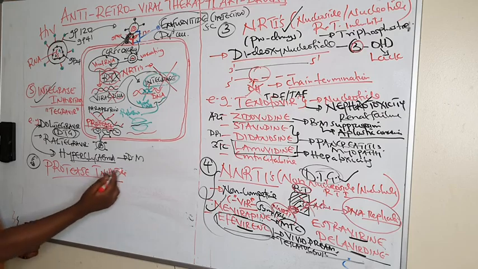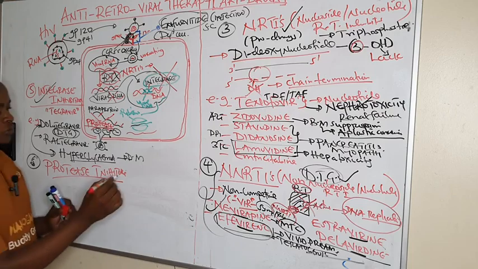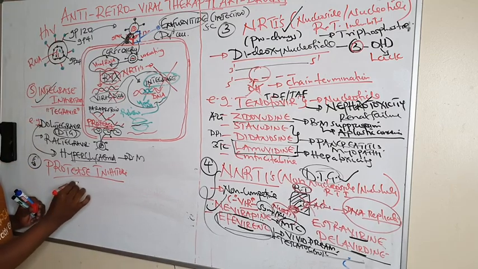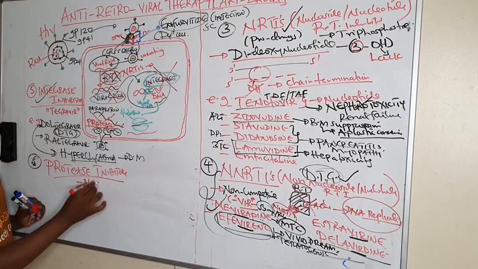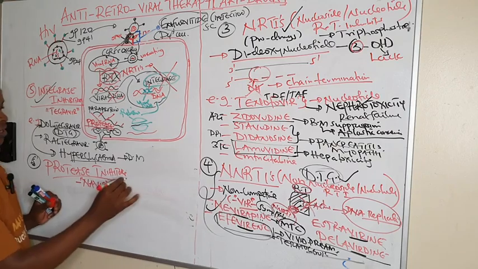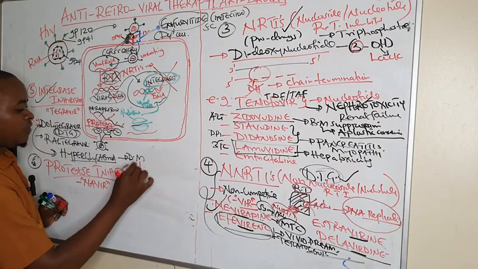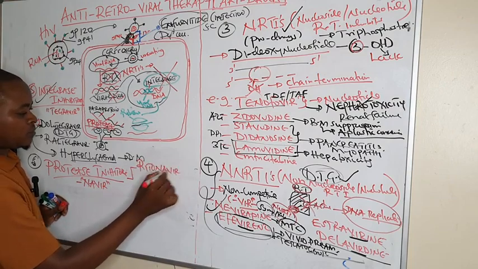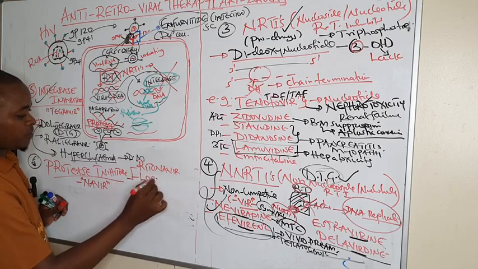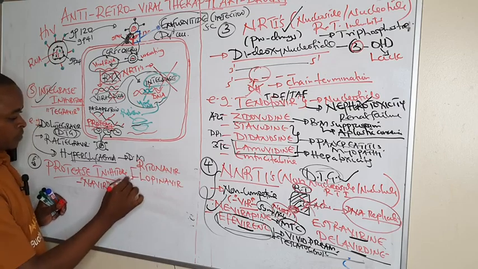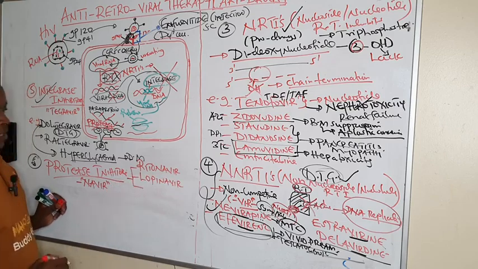Examples of drugs under protease inhibitors, we are going to see examples. These drugs end with the suffix navir, and they include ritonavir, lopinavir, and many others.